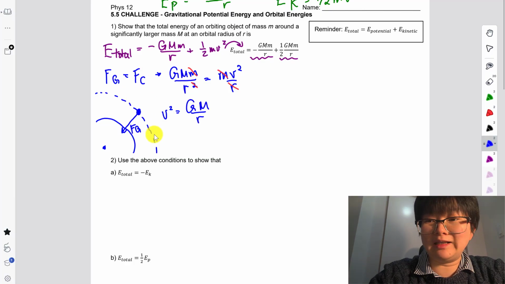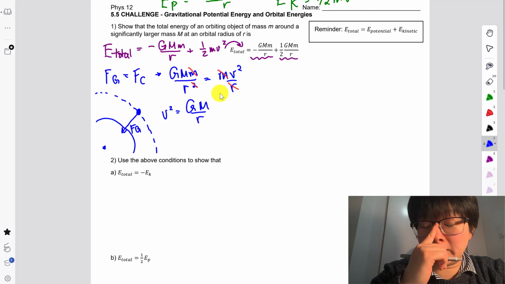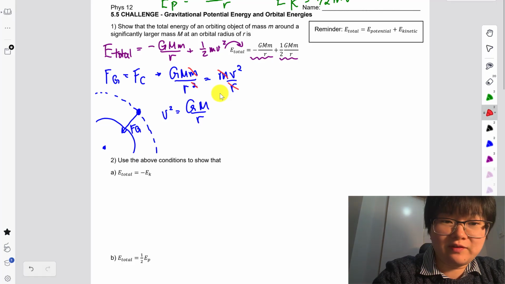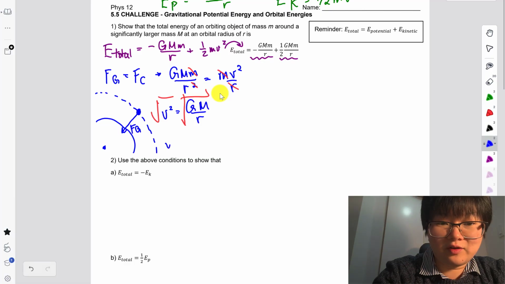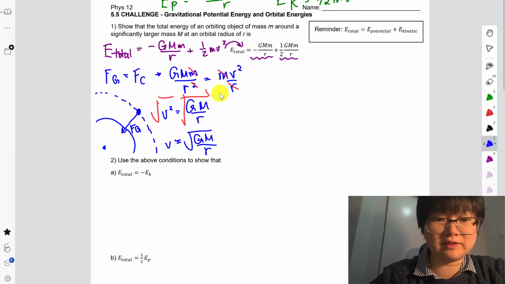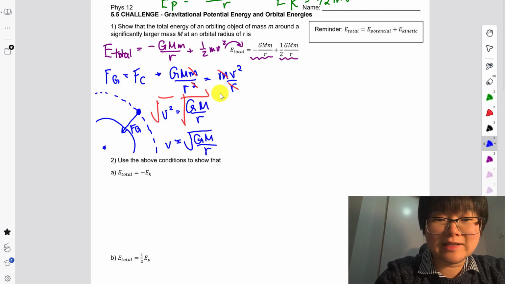We can leave it like this because the v squared in kinetic energy is already in the square form. You don't even actually have to take the square root, but just for your reference, this is it. You may even have this in your formula sheet. But anyhow, the one that I'm going to substitute into kinetic energy is this one over here.